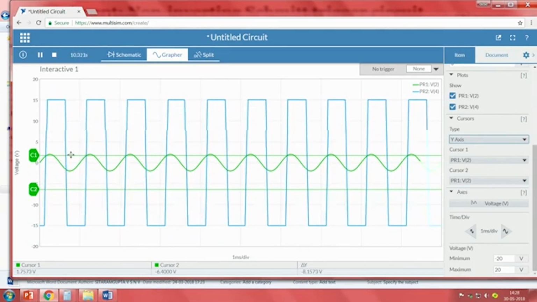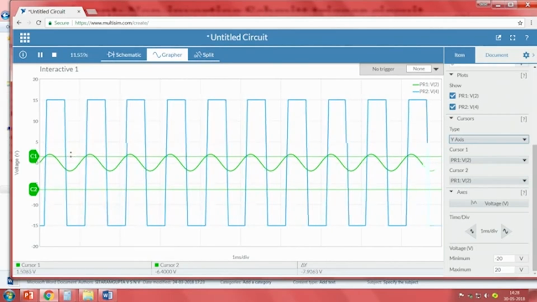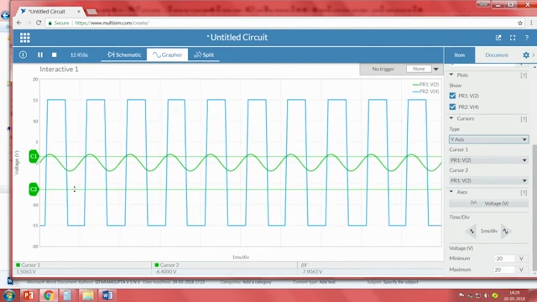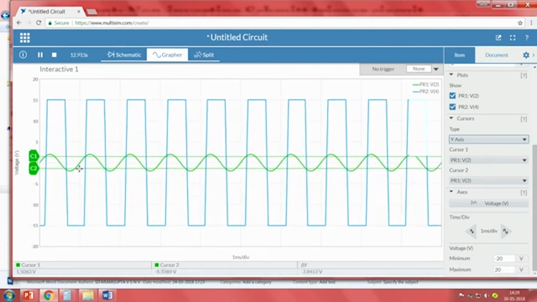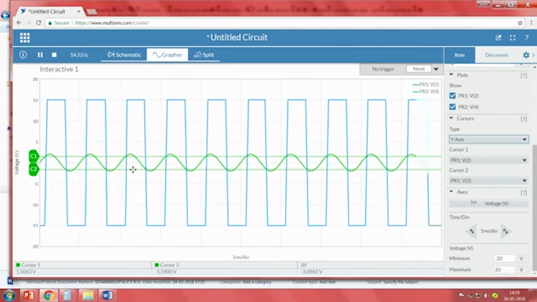It just slightly crossed 1.5, so I will move towards 1.5 volts. Now, the other cursor should be at minus 1.5, because that is the threshold that we have created. Where do I have to see? At this point. I will go slowly a little down, up, okay, 1.59, yes, approximately minus 1.5.